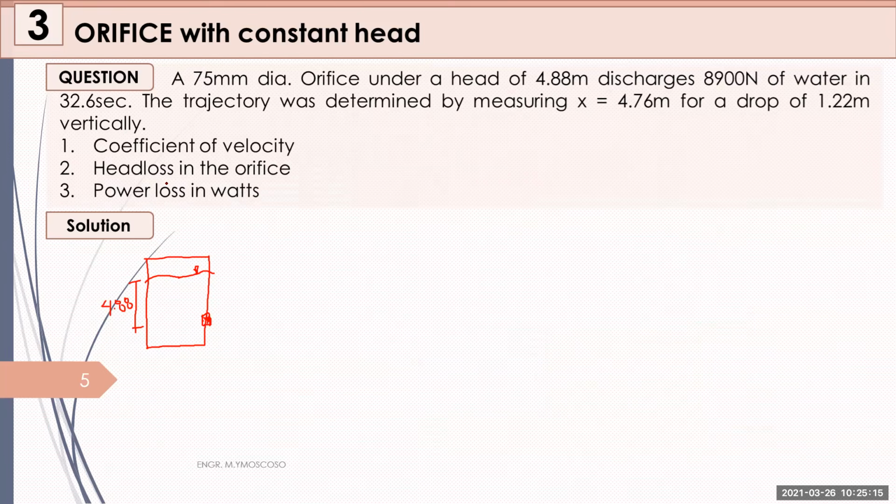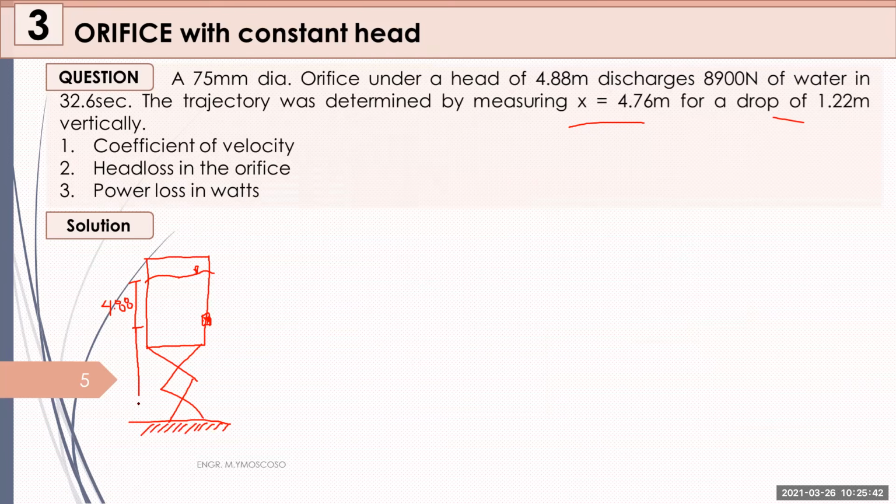So under discharge of 8,900 Newton in 32.6 seconds. So meron tayong trajectory which is 4.76 and a drop of 1.22. So ibig sabihin na a drop of 1.22, ibig sabihin yung tubig natin is nakapatong sa mataas na lagayan. Okay, so isipin na lang natin na tangke ito ng tubig natin. Okay, ito yung magiging itsura niya. Basta imagine nyo na lang.